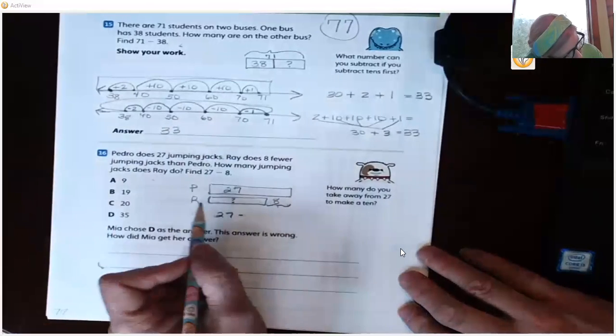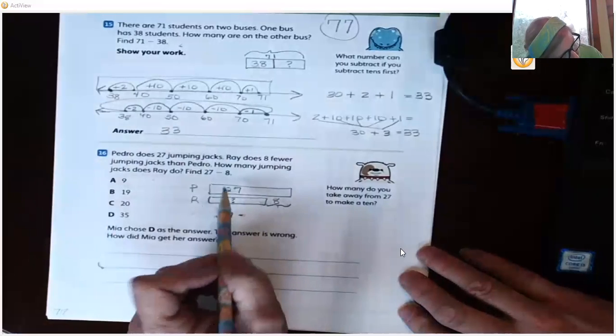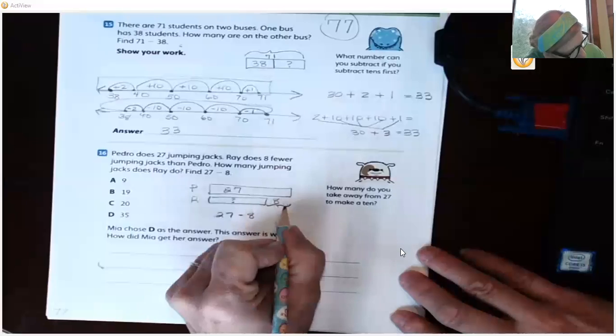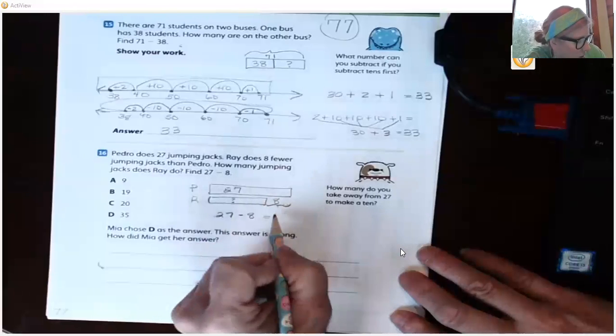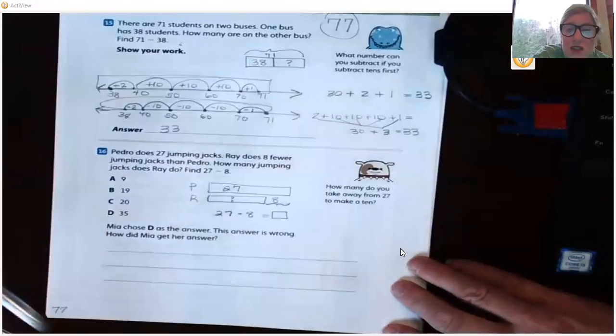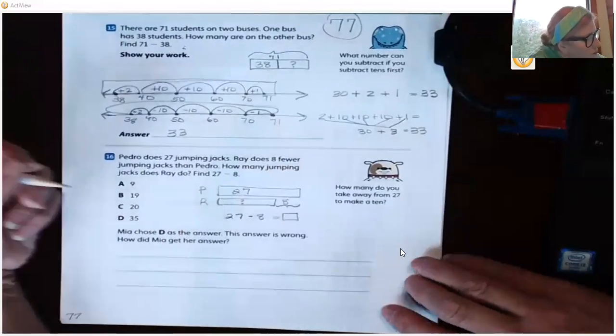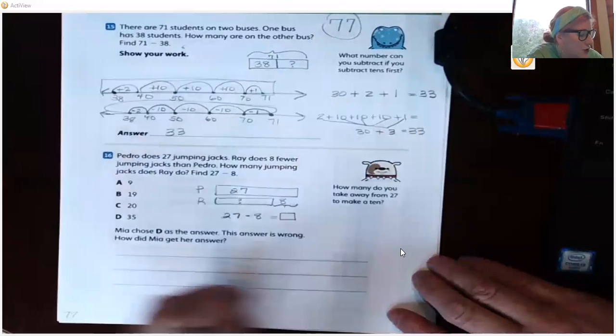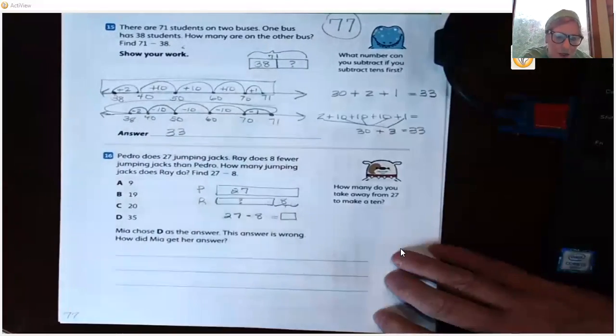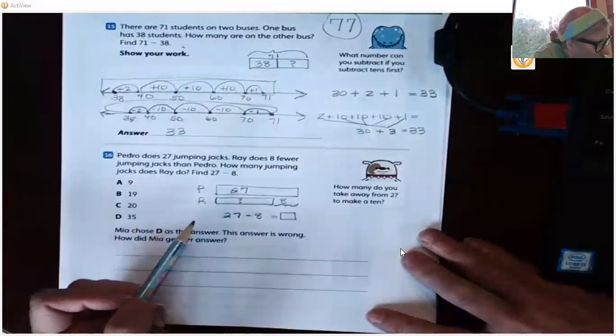Ray's amount, yes, it was Ray's amount. Ray's amount is Pedro's amount minus the difference between the two. Right there. And that's Ray's. See, lots of words, lots of pages. All right, so here we go. So you're going to figure that out on your own, which you've already done at this point. So 27 minus 8.